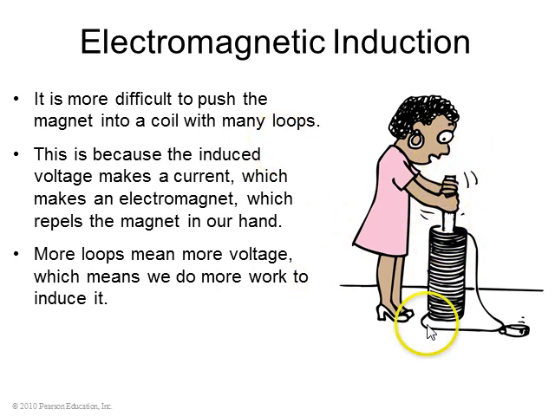So basically, the more coils that are there, the more work you do. So you're generating this voltage and you're generating some electricity, but you're doing work in order to generate that electricity by pushing two magnets against each other.